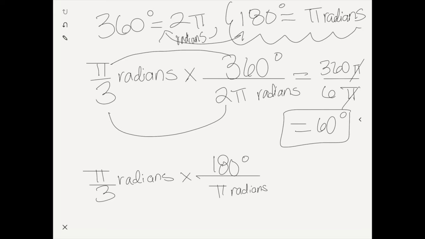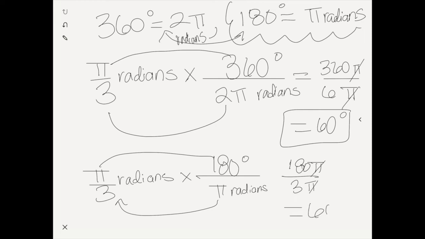So it's actually the same thing. 180 times pi is 180 pi. And then 1 pi times 3. 1 times 3 is 3. So we have 3 pi at the bottom. Pi and pi cancel. And then 180 divided by 3 is still 60. So either way, you get the same thing. You can choose which one you want to use for conversion. So remember, when you are converting from degrees to radians, try to leave your answers in terms of pi.